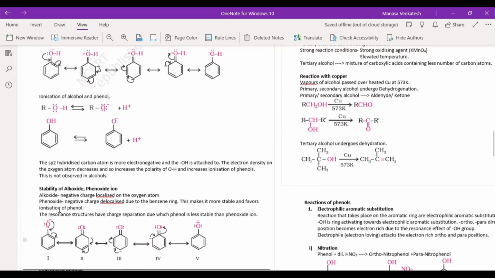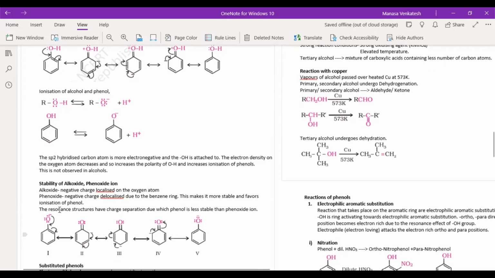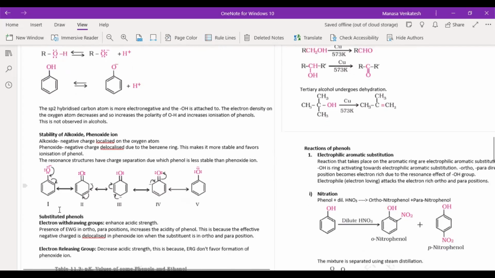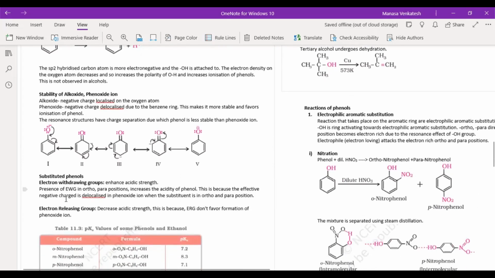Now we've learned about the stability and the acidity of phenol and phenoxide ion. Obviously, phenols can also be substituted. When you have an electron withdrawing group in ortho and para position, the acidity of phenol increases.